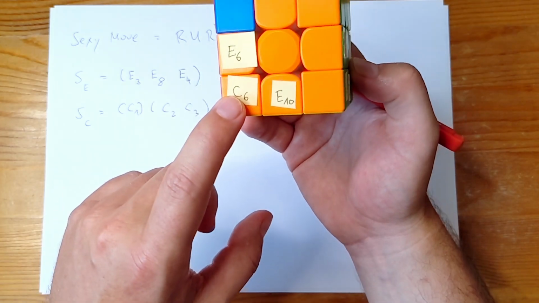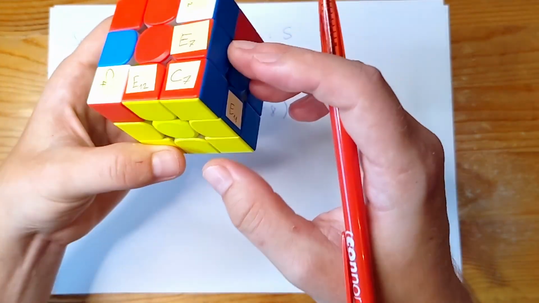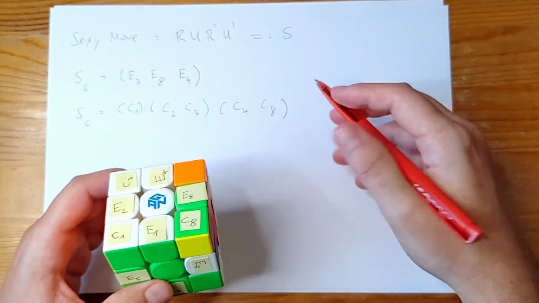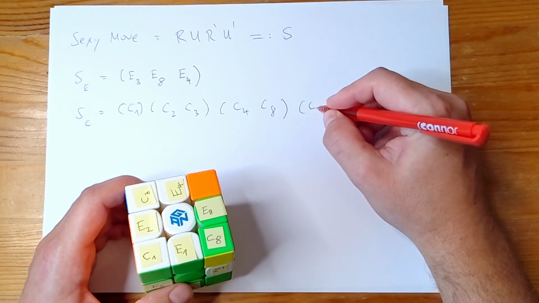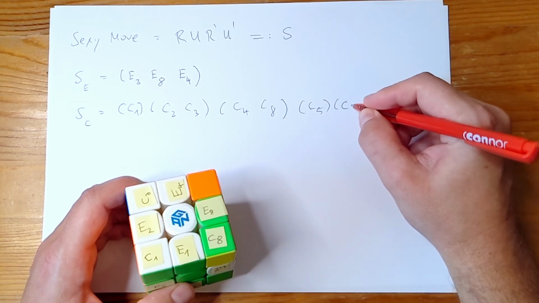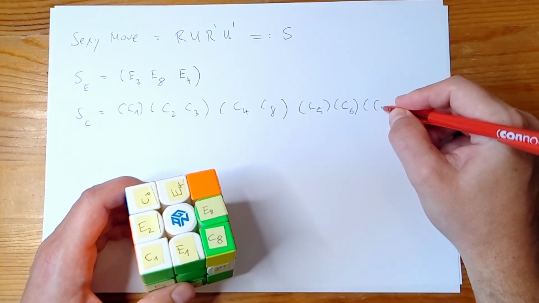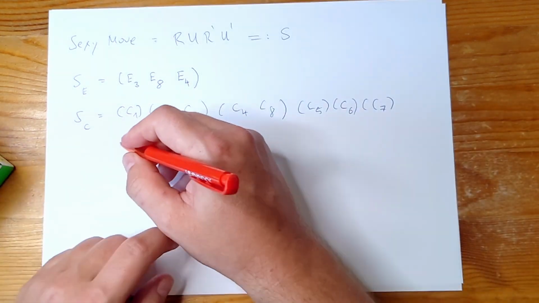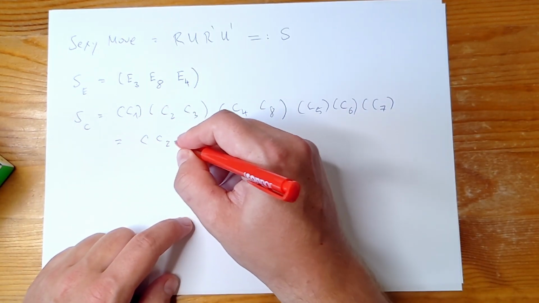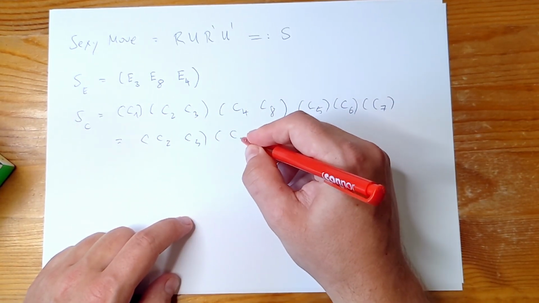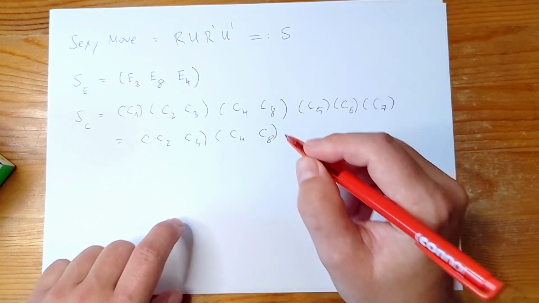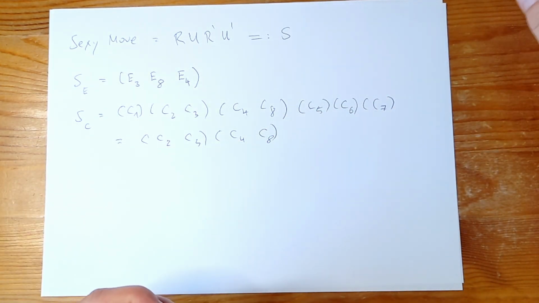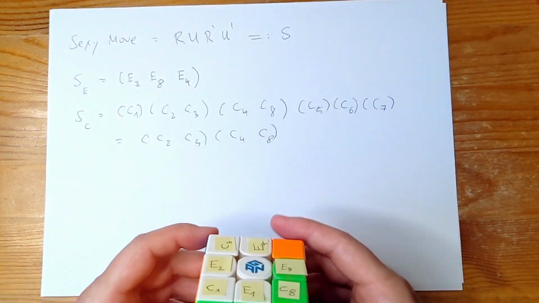So for example, C6 is still in the same position, C7 as well, and C5 as well. So we can just write a bunch of one cycles or omit them as mentioned. So if you want to, you can just abbreviate it like this here. So this is the cycle decomposition of the sexy move.